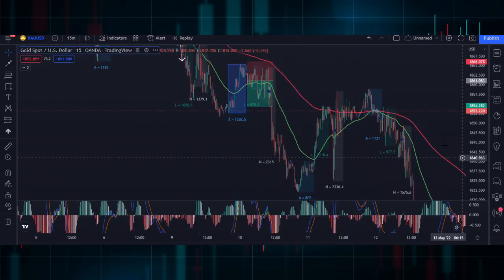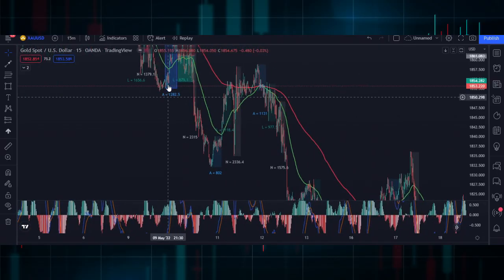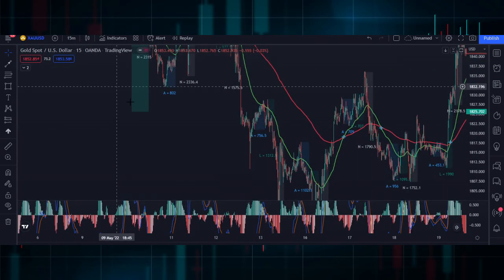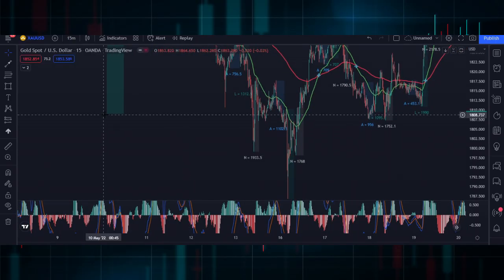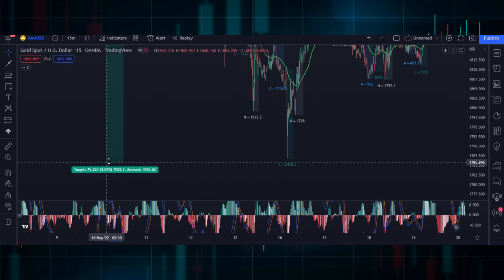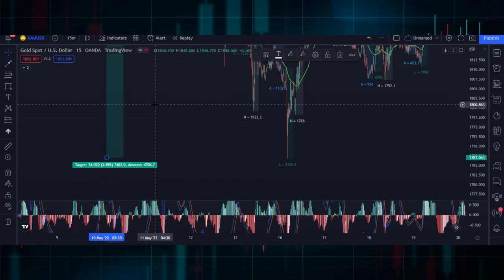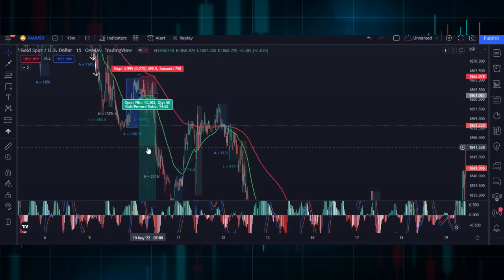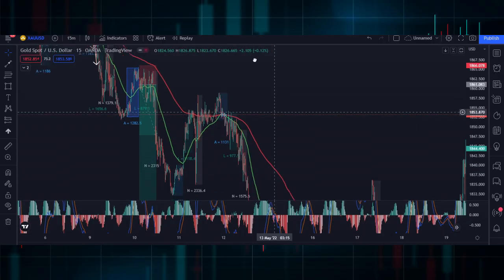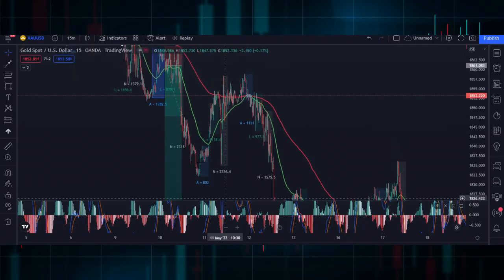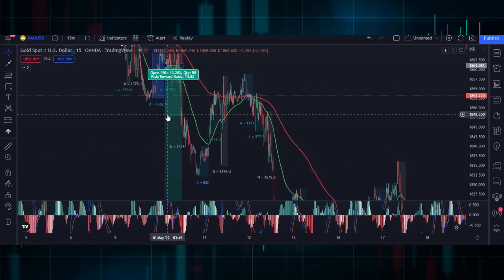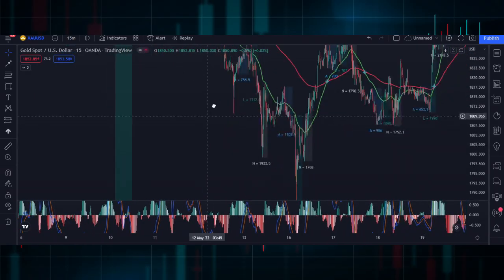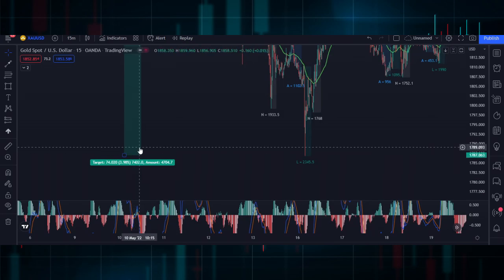And as you can see, this trade went all the way down for a 1 to 14 risk to reward ratio, which was 740 pips of profit.